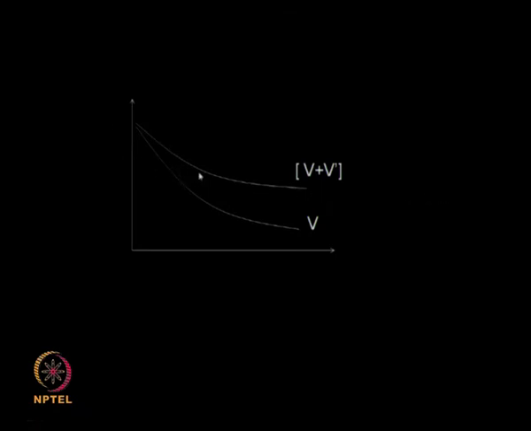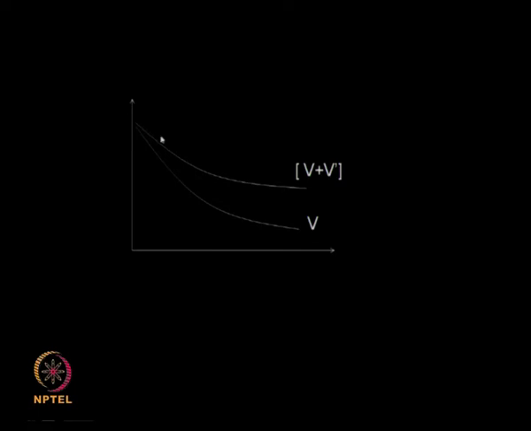So in reality, if there is some mass transfer coefficient value between 0 and infinity, then the performance of such a system will lie between these two extremes. Extreme 1 is when the mass transfer coefficient is 0, that means tank 2 is not contributing at all.